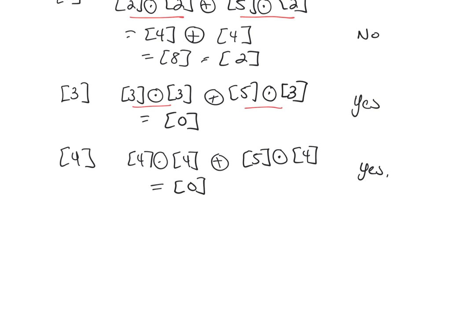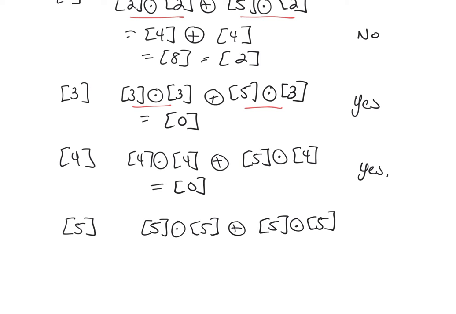And then the final element we need to do is 5. If you compute 5 times 5 plus 5 times 5, in the end you're going to get 2, so it's not a solution.